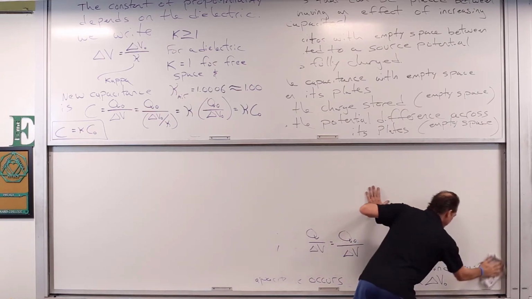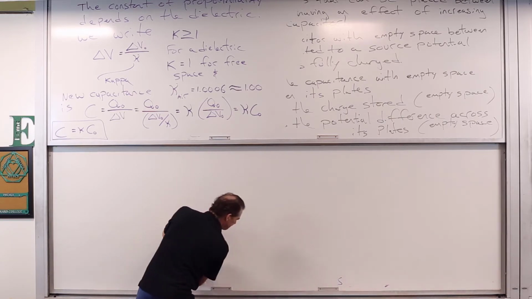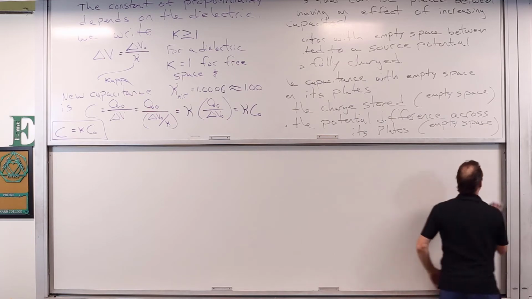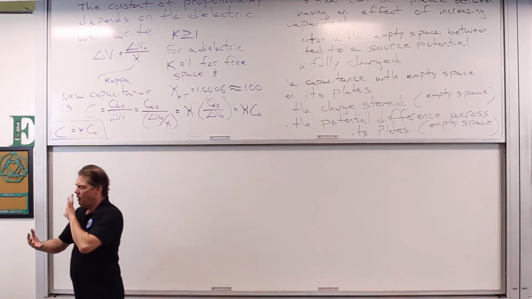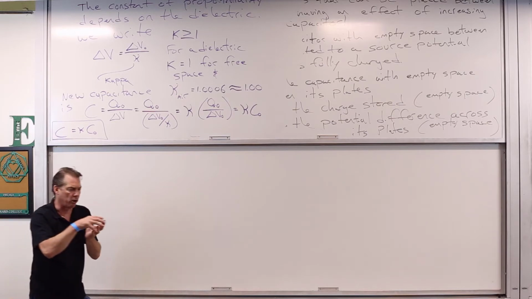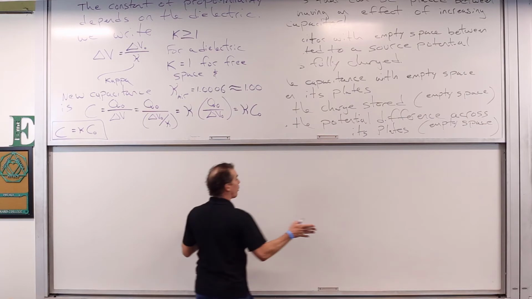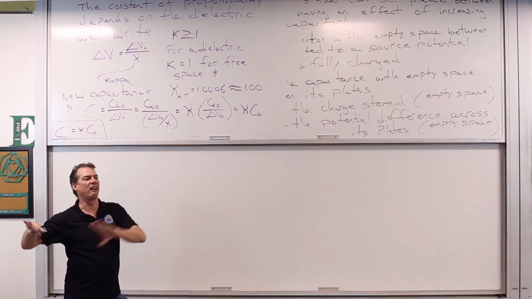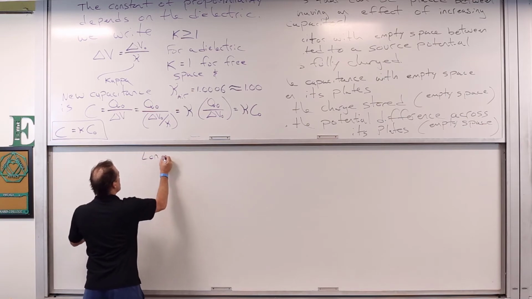So let's think of this dielectric material as composed of some polar molecules. We've got electron-proton combinations of molecules that, to some degree, are in random orientations when the dielectric is by itself.